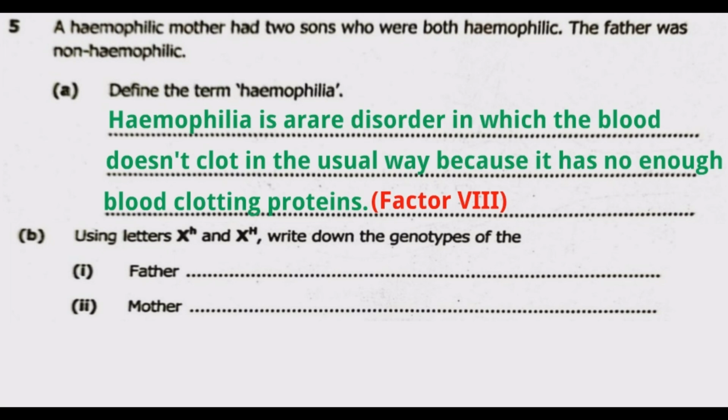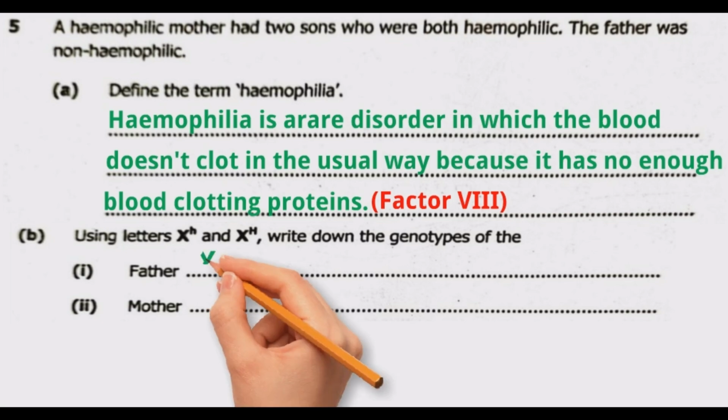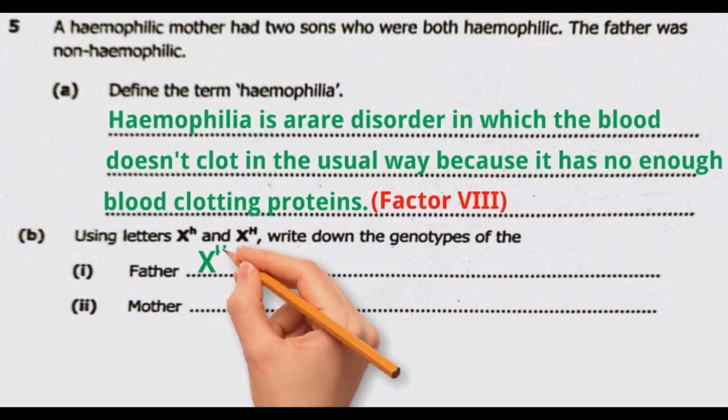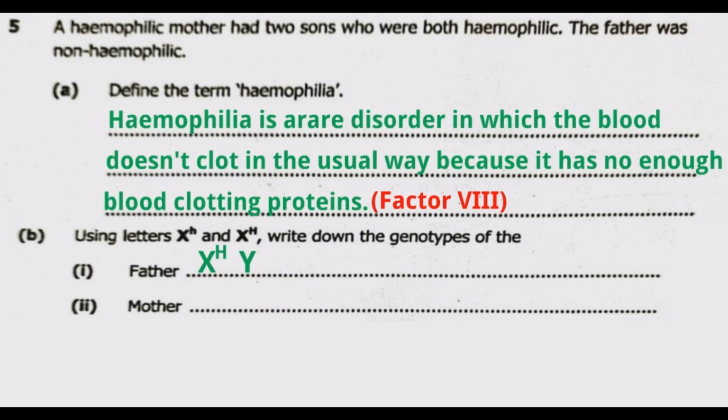Since the father is non-hemophilic, as we are told in the earlier statement, on his X there will be a capital letter H, because he doesn't have this medical condition of hemophilia.